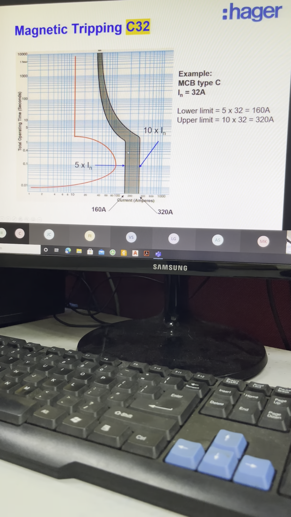And if it detects current between the lower limit and the upper limit, okay, so let's say somewhere here, in the middle, at this point, your breaker may trip. I'm not saying must, but I said may trip, because it is still within the lower limit and the upper limit.